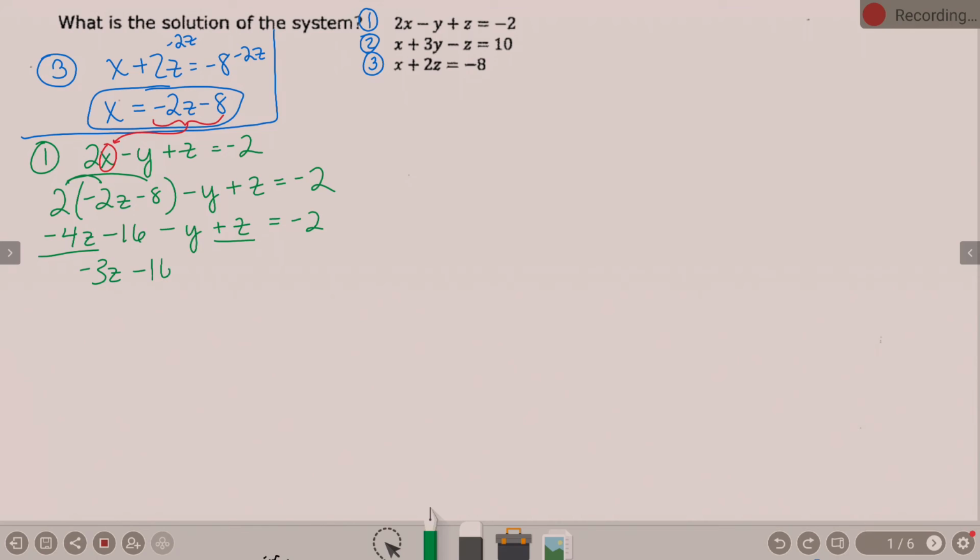I still have minus 16 minus y equals negative 2. We need to get the 16 over to the other side. So if it's minus 16, we're going to add 16. So then I have negative 3z minus y equals 14.